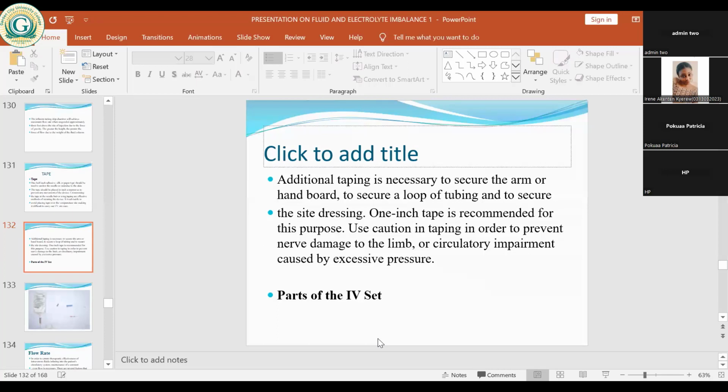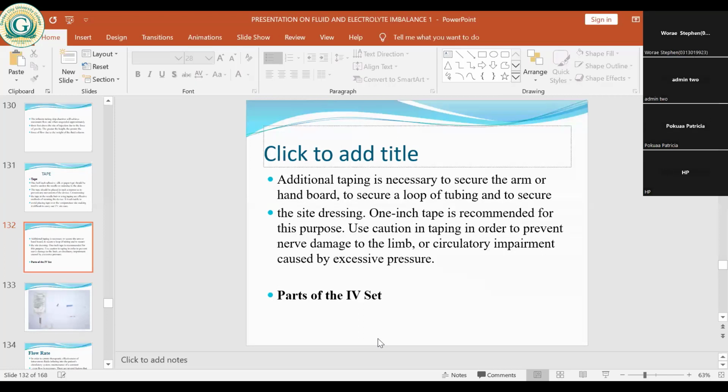The cloth had covered the tourniquet. Before they realized that the tourniquet was not removed, the hand had become gangrenous, and it led to amputation of the arm. The child got amputated because of negligence. So be careful.